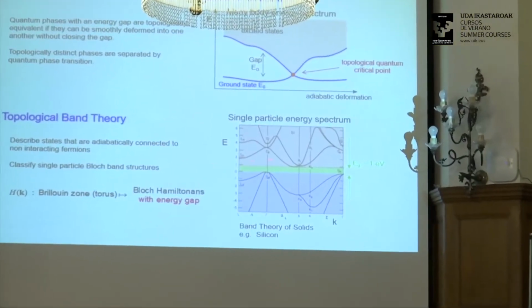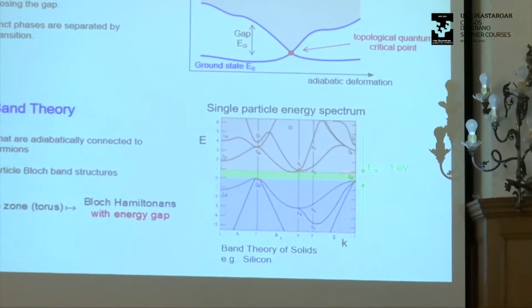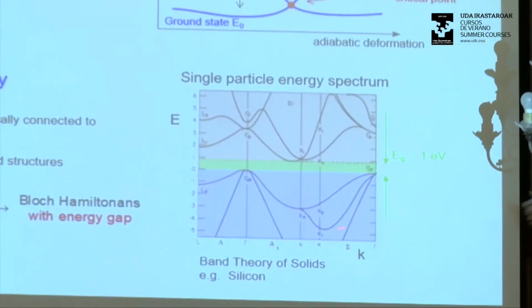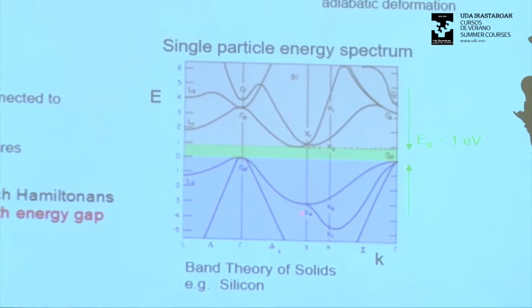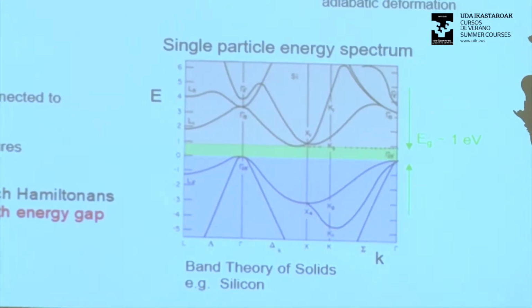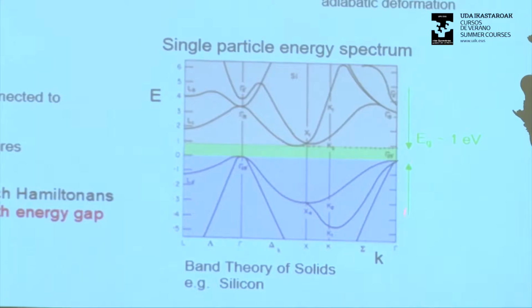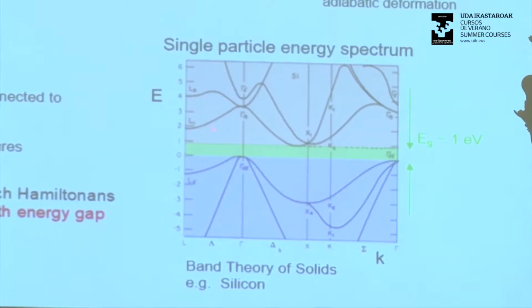Okay, and so now one can think about topologically classifying the single particle Bloch states that one has. And this is a problem which we do know how to solve. Okay, and so I'm going to introduce you to the methods of topologically classifying the single particle states of matter.